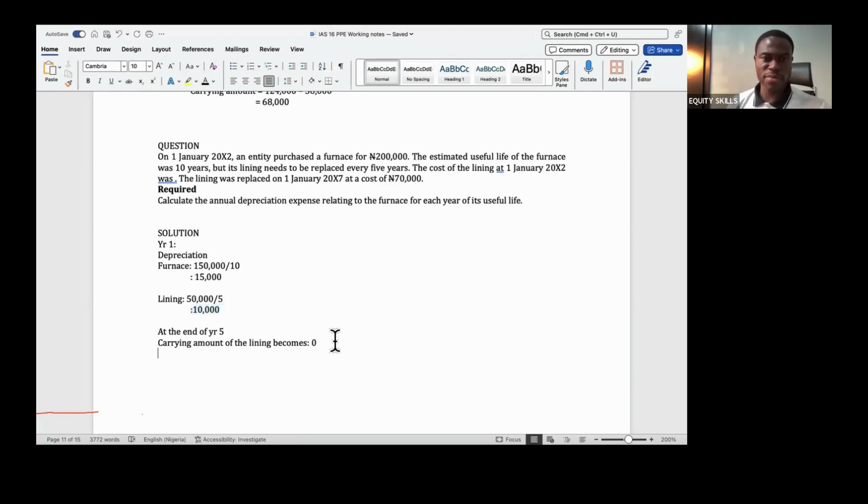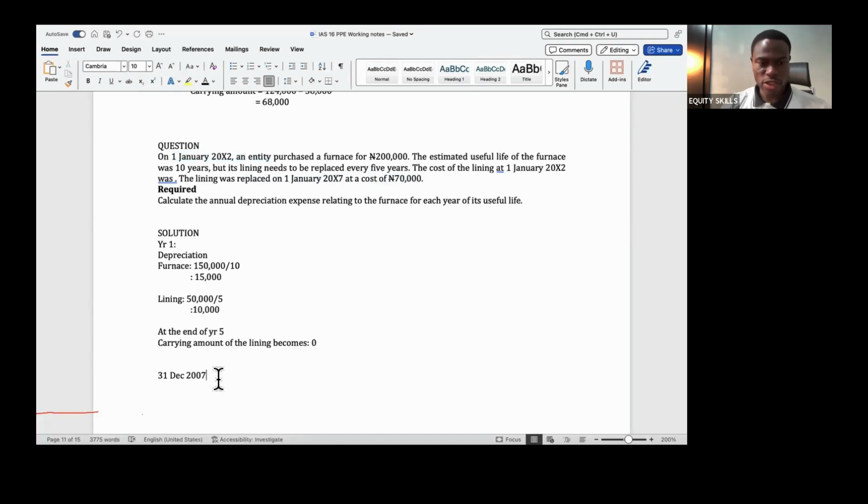So from year 6 going forward, which will be 31st December 2007, because year 1 is 2002. So 2, 3, 4, 5, 6, 5 years. Now, they replace the lining at a cost of how much? 70,000.